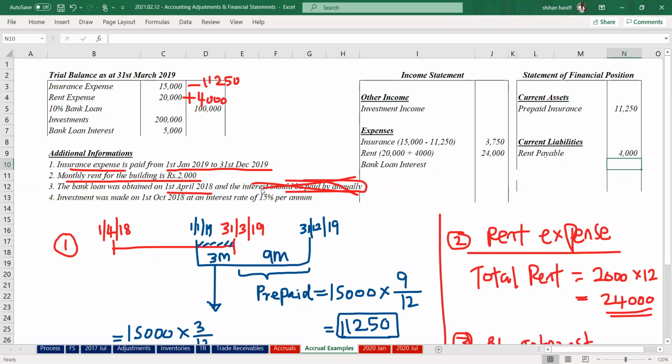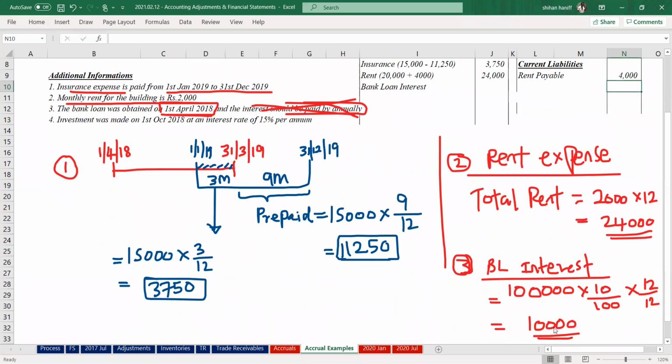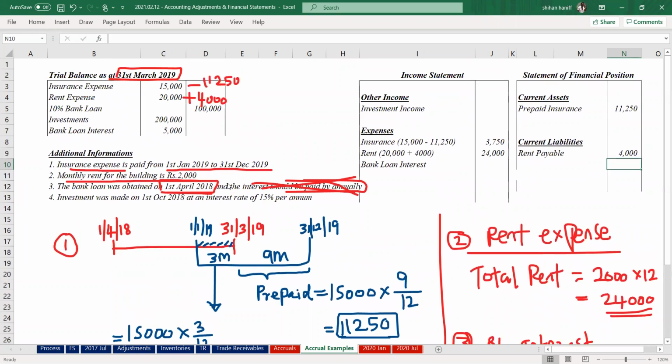You don't need to worry about the payment. Calculate from the loan obtain date to the year end. Calculate the total interest.